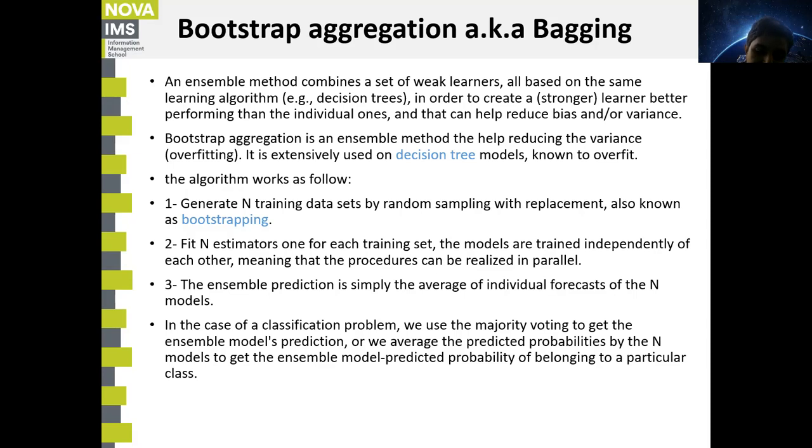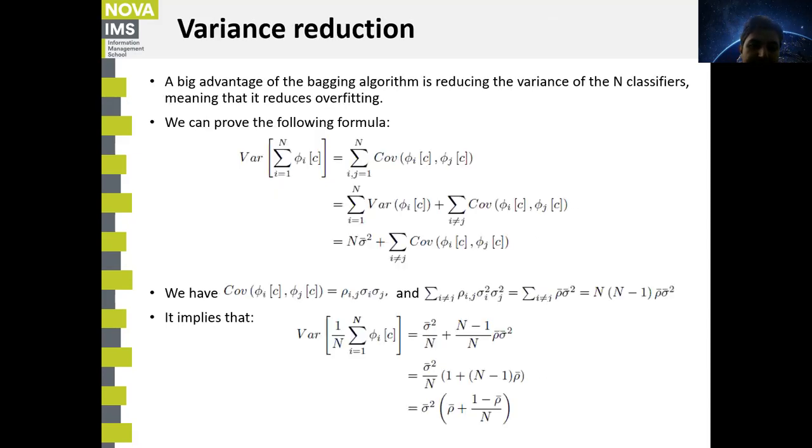In the case of a classification problem, we use majority voting to get the ensemble model's prediction. Or we just average the probabilities predicted by the n models to get the ensemble model's predicted probability of belonging to a particular class.